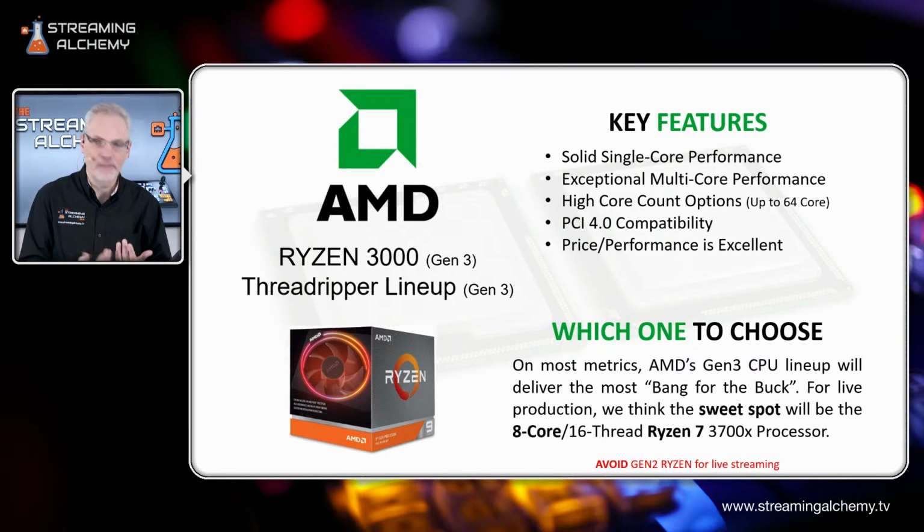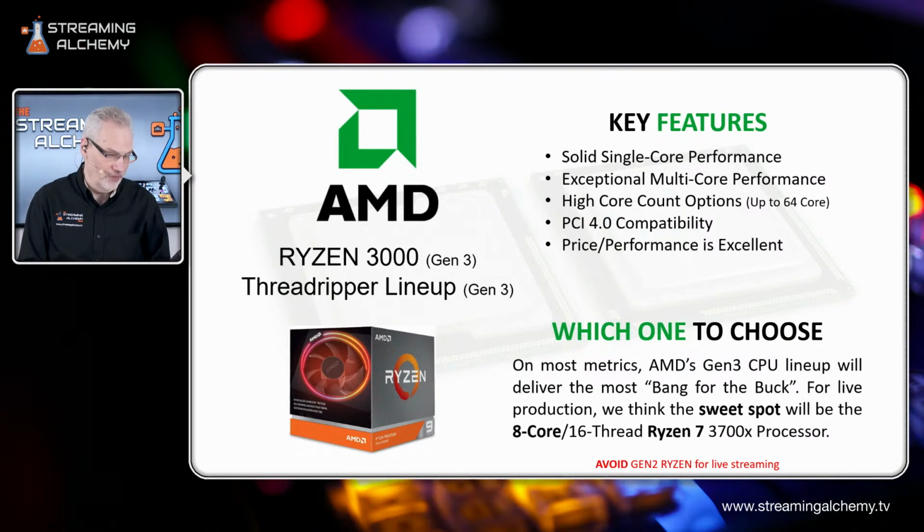But to my mind, the sweet spot in this lineup is probably their 8 core, 16 thread 3700X processor. The amazing thing about this is you're talking about a processor that's probably under $350 in terms of general availability.